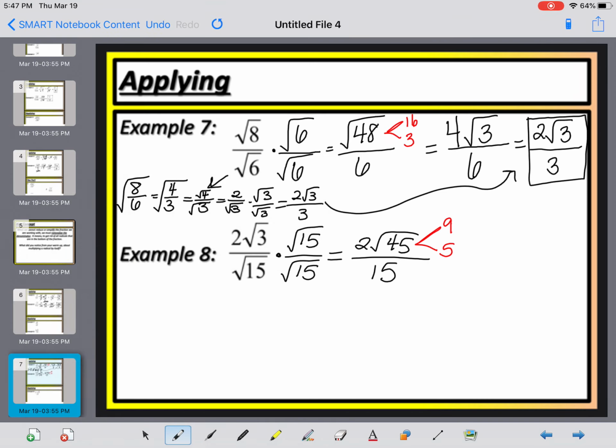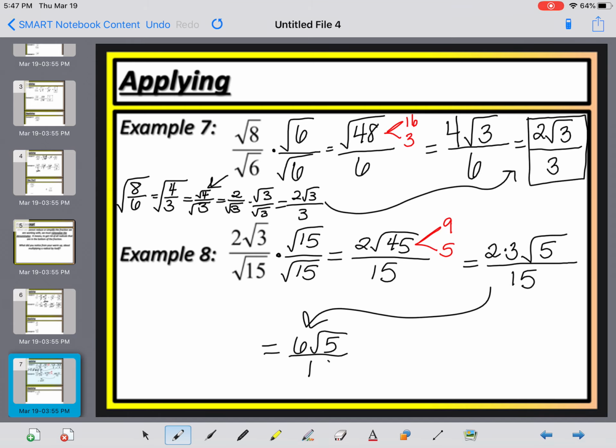Okay, I can do a 9 and a 5. All right, remembering when there's a number on the outside to begin with and a perfect square comes out, they're going to multiply. So I have 6 square root of 5 over 15.